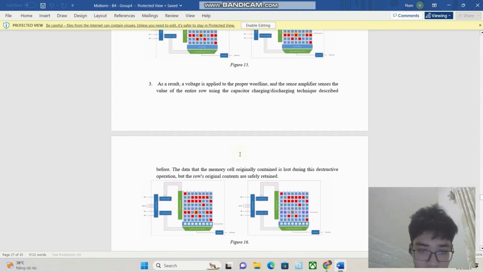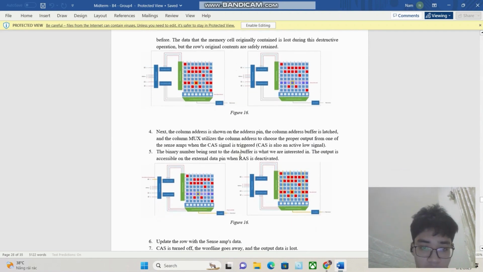The data that the memory cell originally contained is lost during the destructive operation, but the original content is safely retained. Note: the column address is stored on the address pins. The column address buffer is loaded, and the column decoder must utilize the column address to choose the proper output from one of the sense amps when the CAS signal is triggered.